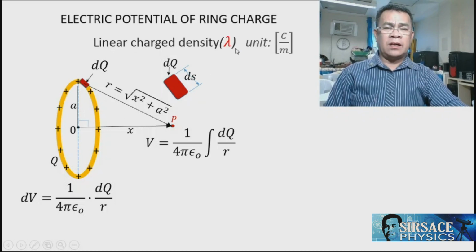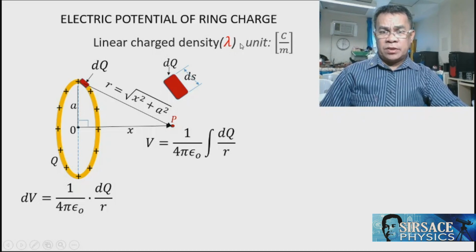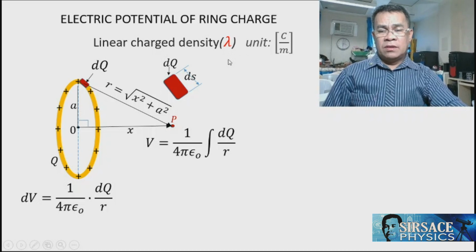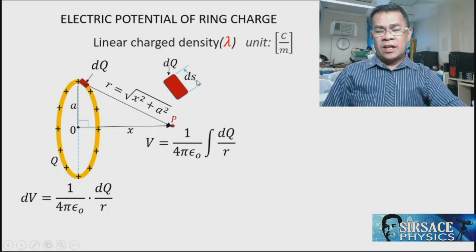Kindly review the definition of the linear charge density in our video on the electric field of a ring charge. Take note again that linear charge density has a unit of coulomb per meter. So this is actually the charge per length of the conductor. So ds is the length.